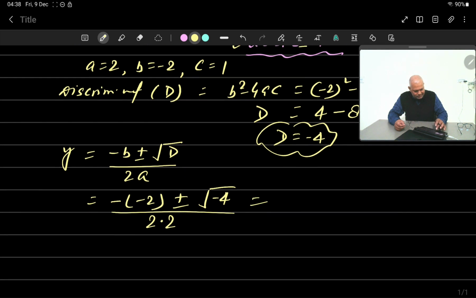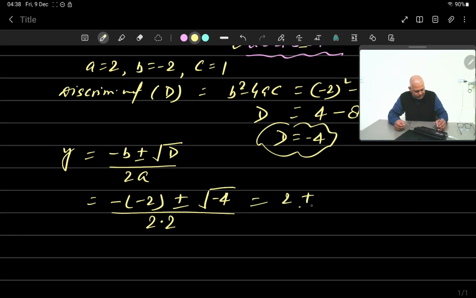So my dear friends, the answer of this question is nothing but 2 plus minus, here it is root over 4 times root over minus 1, divided by 4.